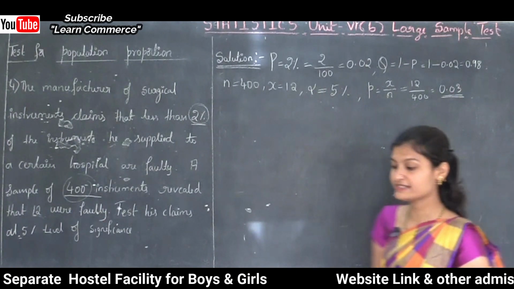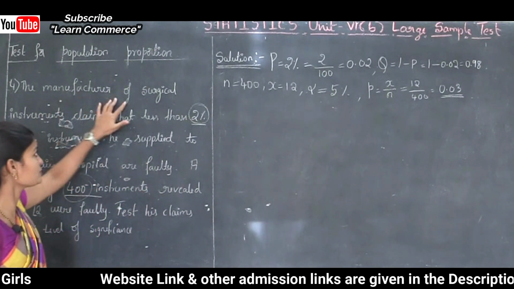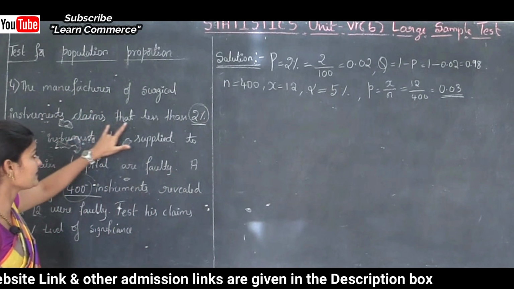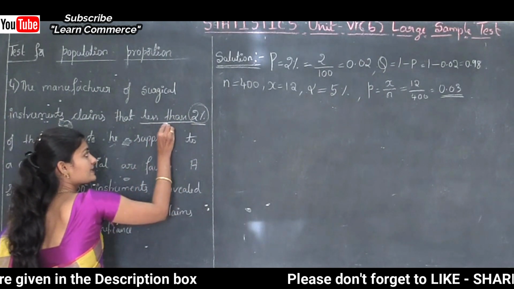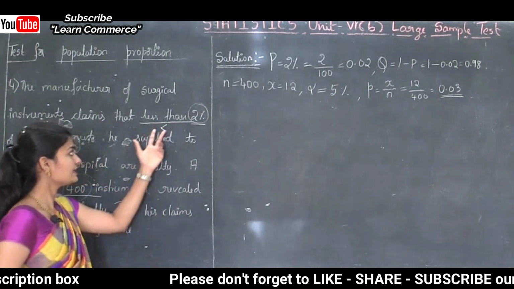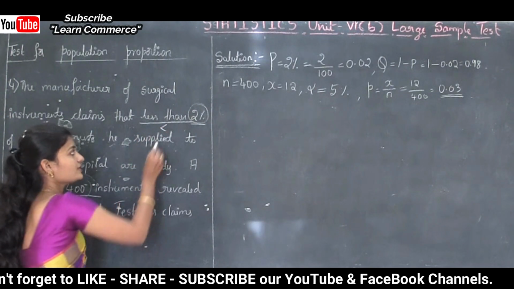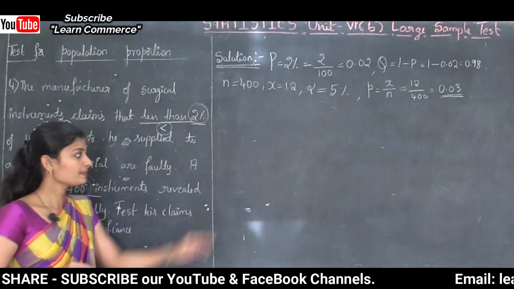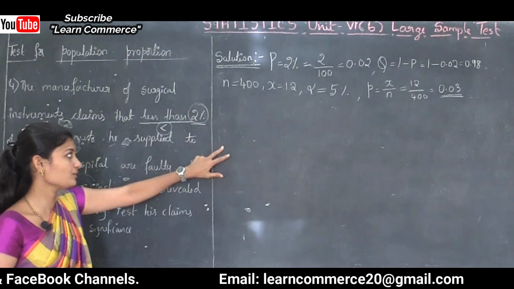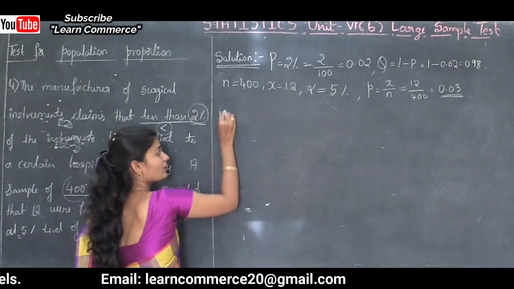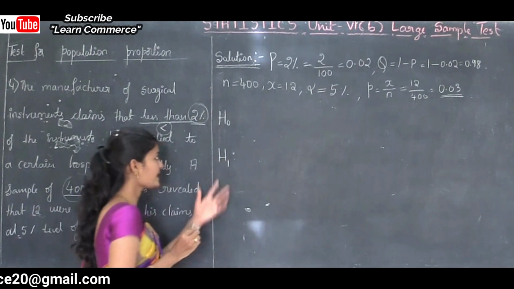Okay. Now let's see the test procedure. See the question, that is the manufacturer of surgical instruments claims that less than 2%. So less than in the sense, this is sign is... so what is H naught, and here given H1. So what is H1 here?